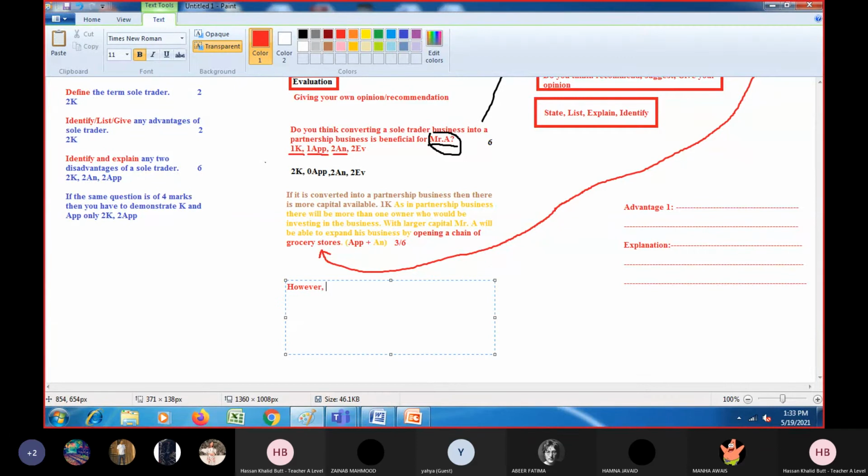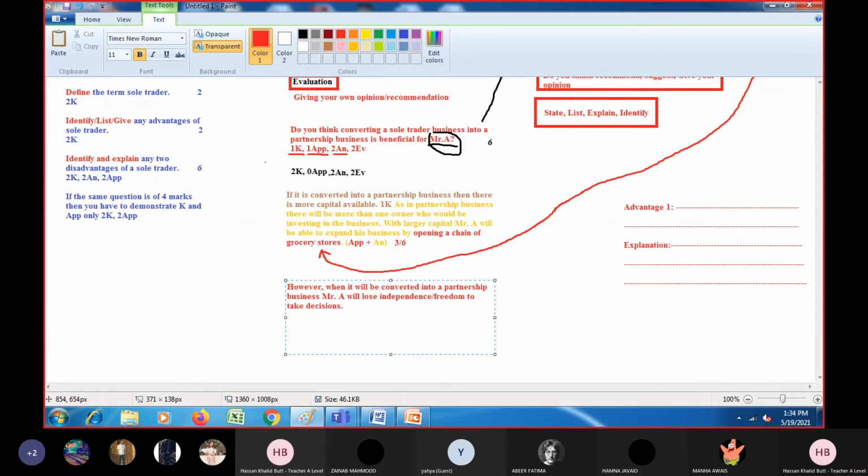However, when it is converted into a partnership business, Mr. A will lose independence, or you can say freedom to take decisions.